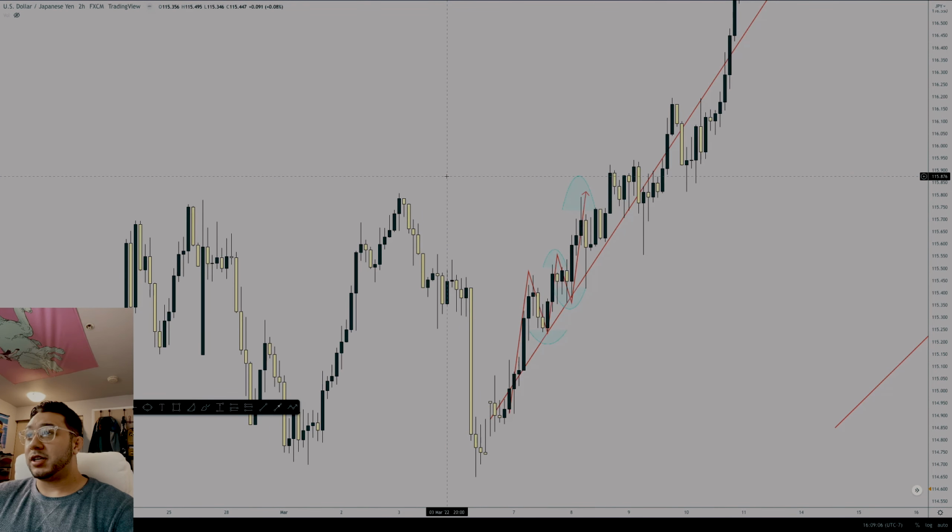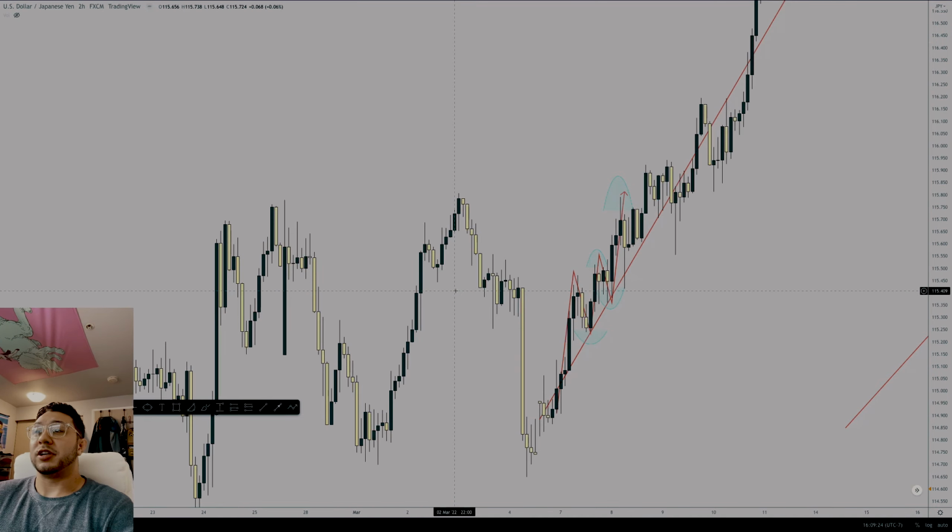In order for an uptrend to be an uptrend, it has to be doing this. If it's not doing this, it's not in an uptrend yet. It's not trending yet. It needs to be very clear and very precise. When the market isn't very clear, most likely it isn't a trend. And obviously this is a clear uptrend.